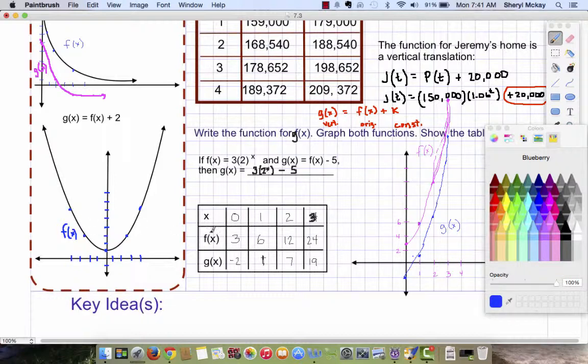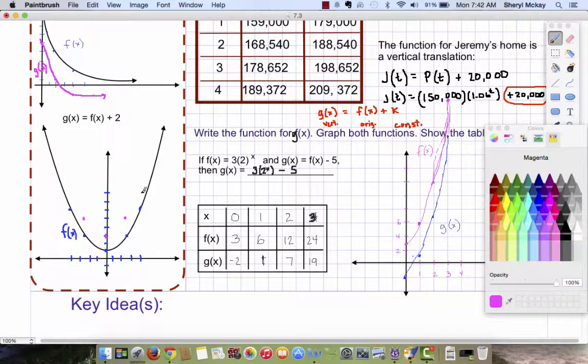All right, so we're going to shift those points up by 2. So we'll start here. We'll go 1, 2, and this one will go 1, 2, and this one would go 1, 2.